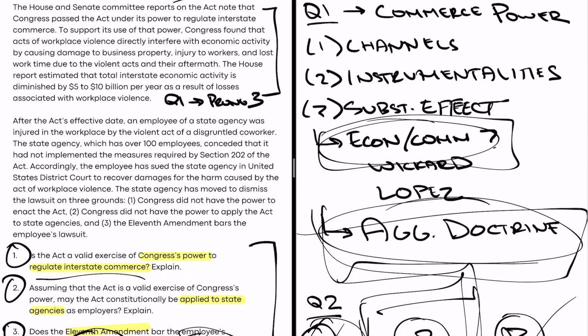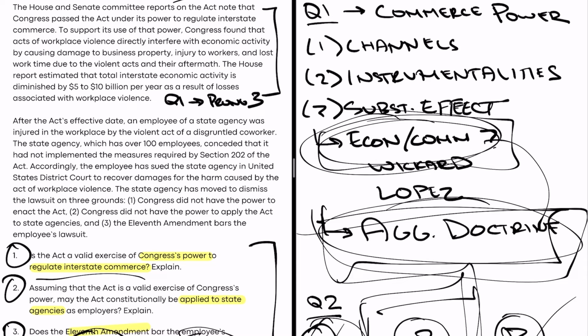To be able to use the aggregation doctrine, it has to be an activity that is economic or commercial. So is workplace violence an economic or commercial activity or not? That's the big question here. If it is, we can apply the aggregation doctrine and this law will be upheld.